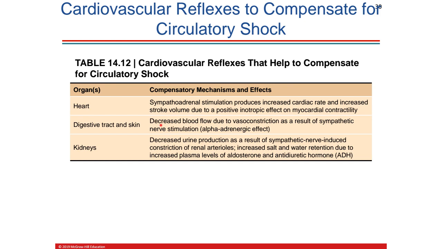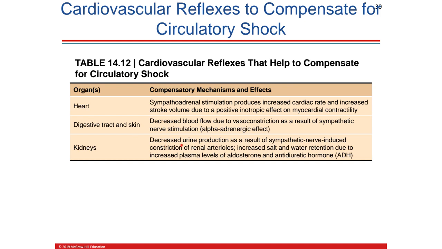For example, there'll be decreased blood flow during shock via vasoconstriction, a result of sympathetic nerve stimulation. Norepinephrine is released at synapses onto alpha adrenergic receptors. This decreased blood flow would occur in less vital organs, such as the digestive tract and skin. So you would expect someone in shock to have very pale skin because they'd have less blood flow to the skin.